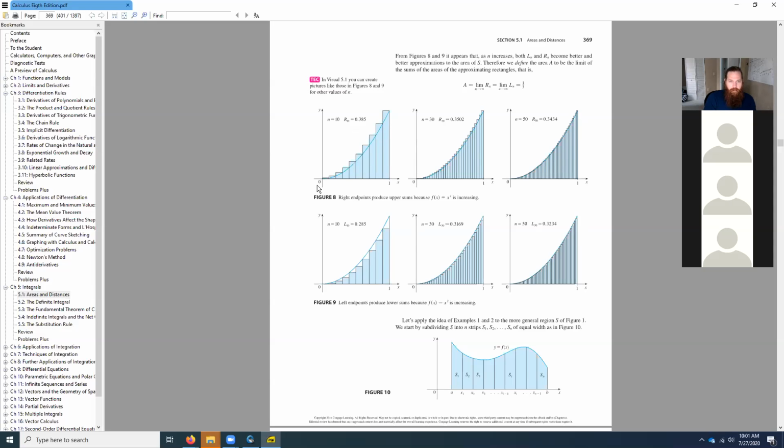Here they're doing the same sort of thing I did, where the height of your rectangle is determined by the value of the function at that right endpoint. And that's why you see the R here. That stands for a right Riemann sum. Over here, they're letting the height of the rectangle be determined by the value of the function at the left endpoint.